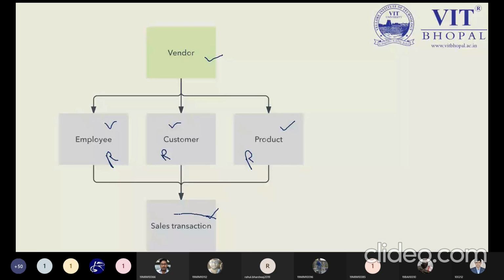So this sales transaction will keep the information about which employee contacted which customer, and how much product was sold by the employee to the customer who purchased the product. The entire detail will be maintained by the sales transaction, and this vendor will keep the information about all these things. So it makes a linking between each and everything.